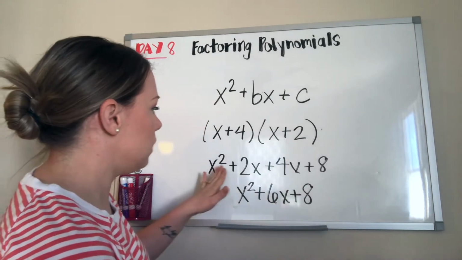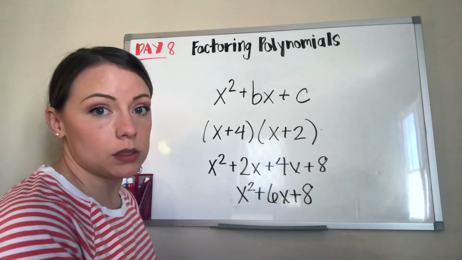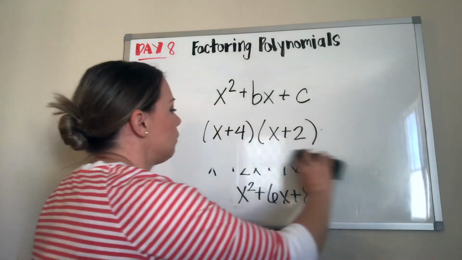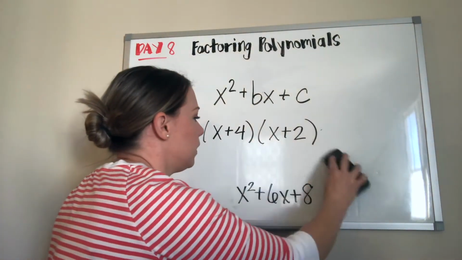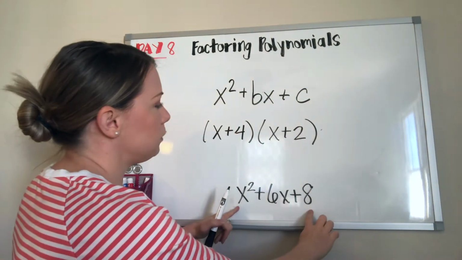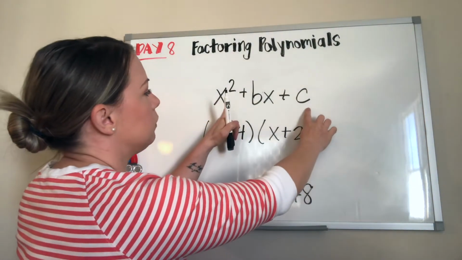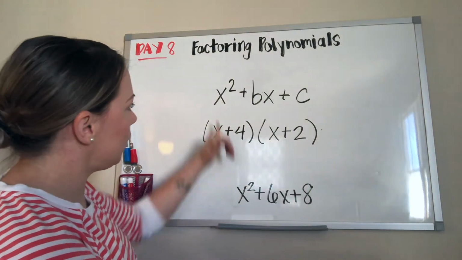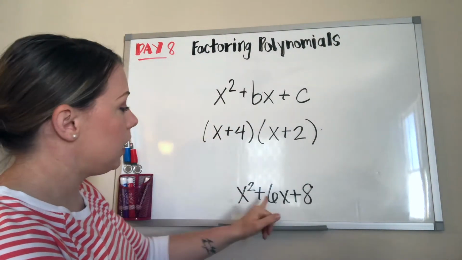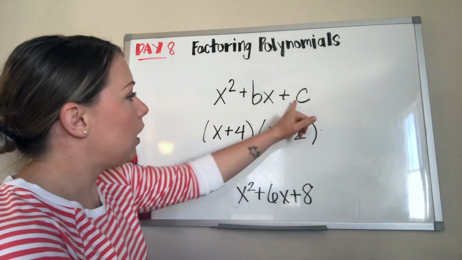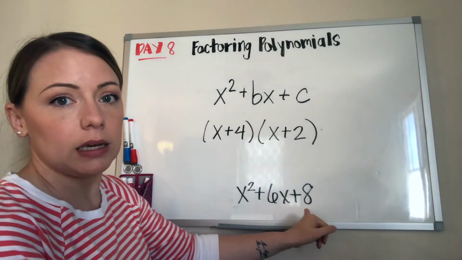So this piece of information, whereas it was important for us to get this last line, it's not important for what I'm going to be talking about. We can all see that this polynomial is very similar to the form up top. I don't have a coefficient in front of x squared. I do have a number in the place of b. I also have a number in the place of c.